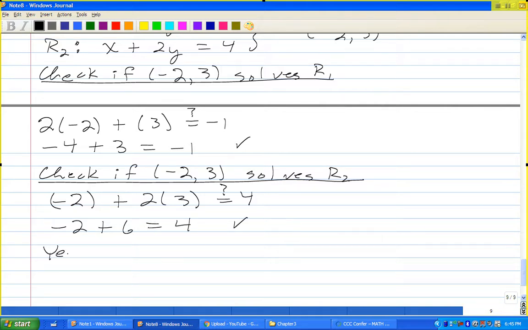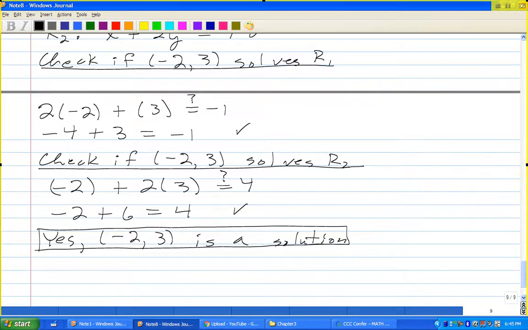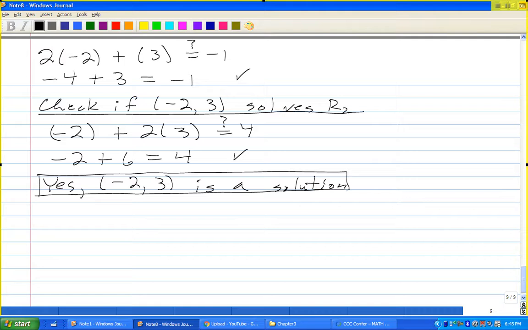So yes, (-2, 3) is a solution to this system of equations. Okay. So that's all nice and fine. So now we know how to check if a particular point is a solution to the system of simultaneous linear equations. The question is, well, how do you solve it?